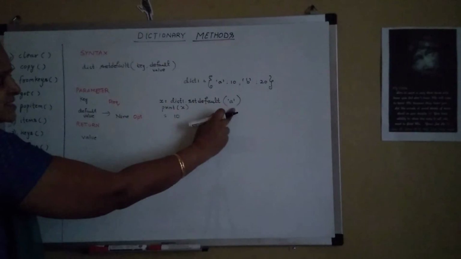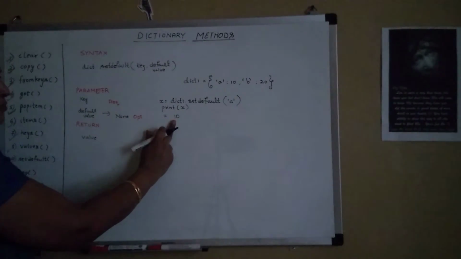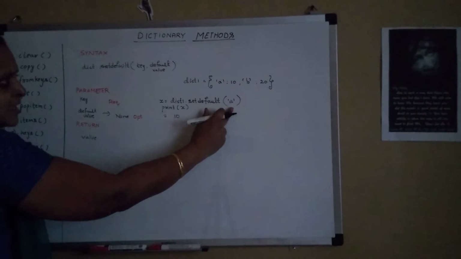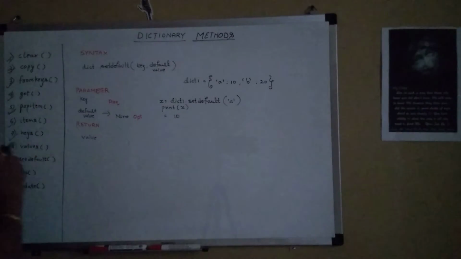We have passed A as the key and we have retrieved the value which is equal to 10. So this is an example for a key already present in the dictionary.